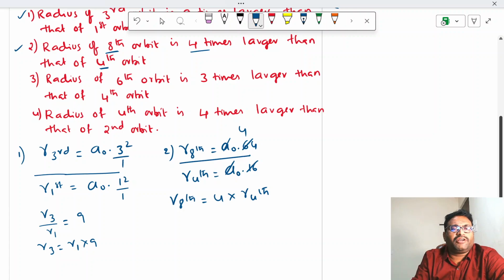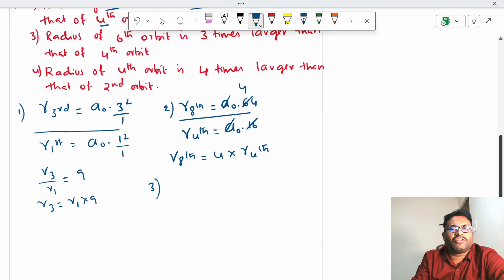So the third option we are speaking about. Radius of the 6th orbit is equal to a naught into 6 square, that is 36, by radius of 4th orbit. Comparison. 6th orbit is compared with 4th orbit, radius 4 square is 16. So then what do you get?